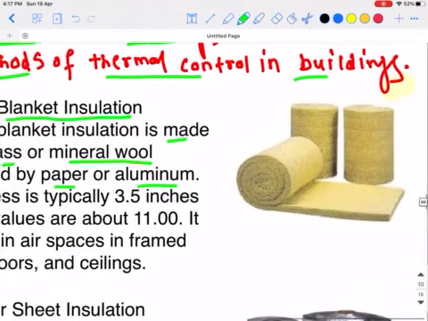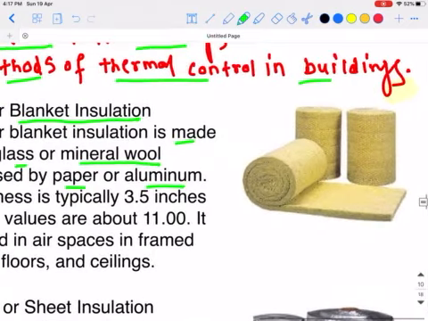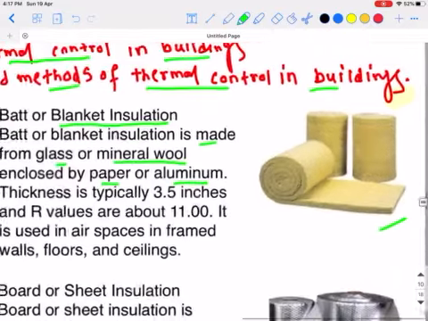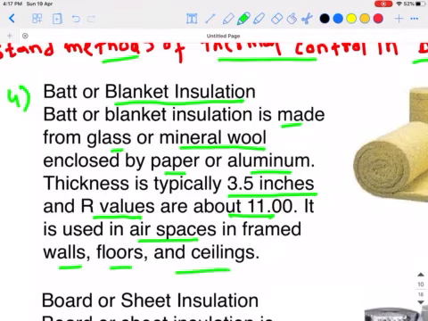In this image, we can see bat or blanket insulation. Thickness is typically 3.5 inches and R value is about 11. It is used in air spaces in framed walls, floors and ceilings.